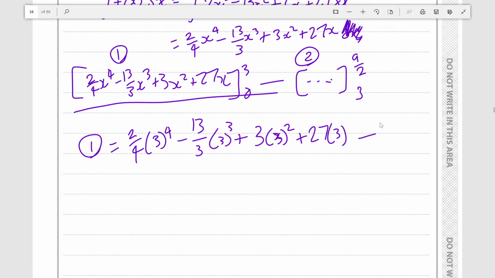And then minus 0 minus 0 plus 0 plus 0, because this is just equal to 0.